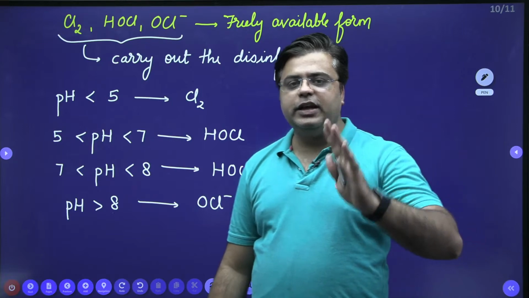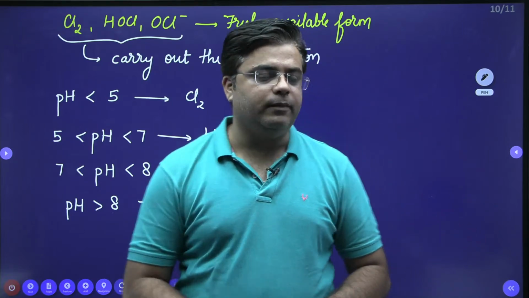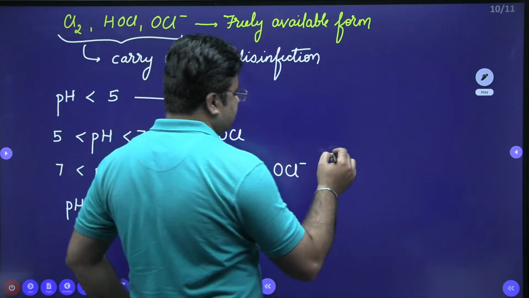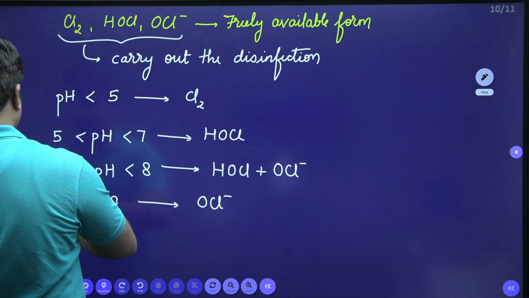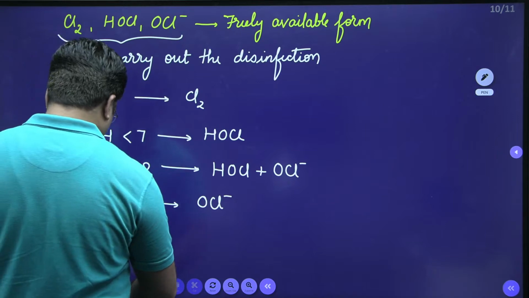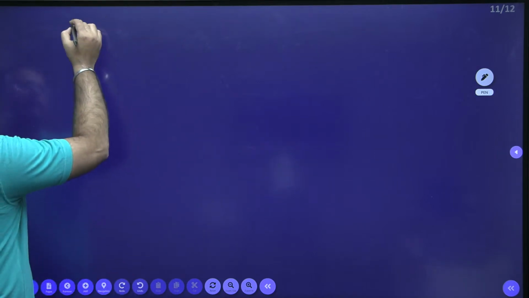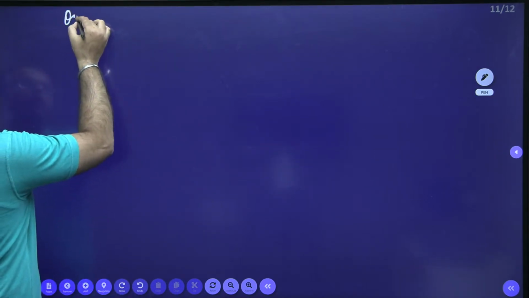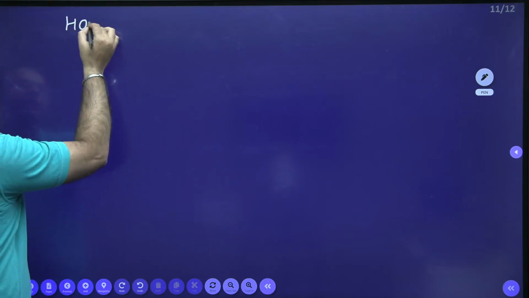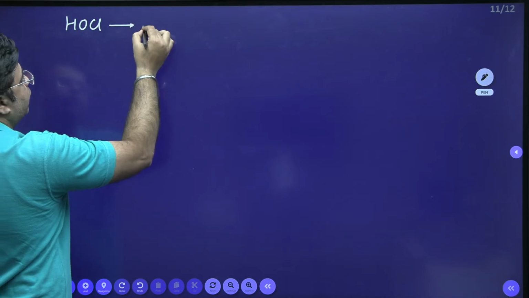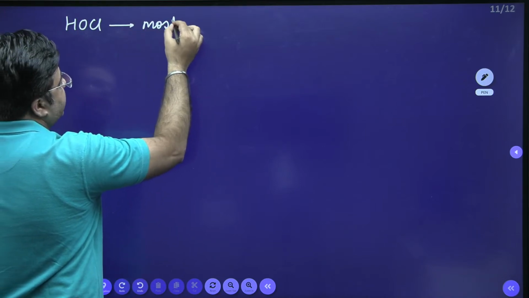Out of these three freely available forms of chlorine, hypochlorous acid is the most destructive disinfectant.